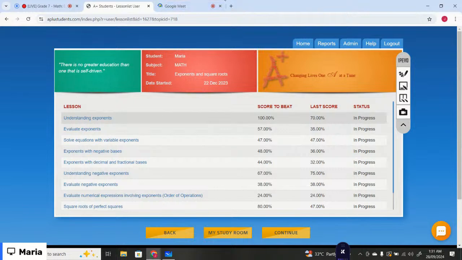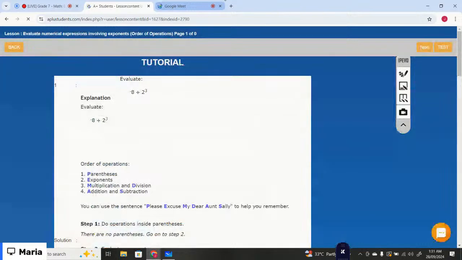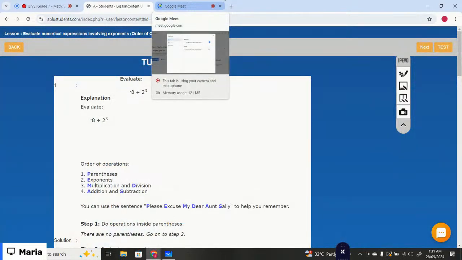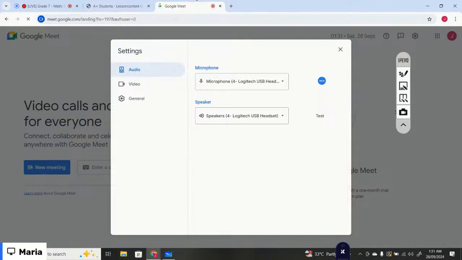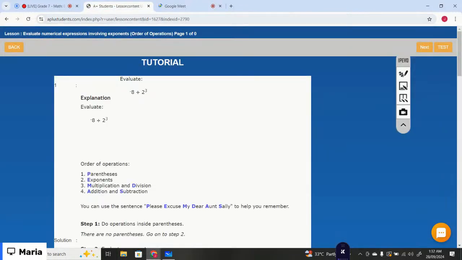So let's just start with the lesson. Okay, so that is evaluate negative 8 divided by 2 exponent 3.